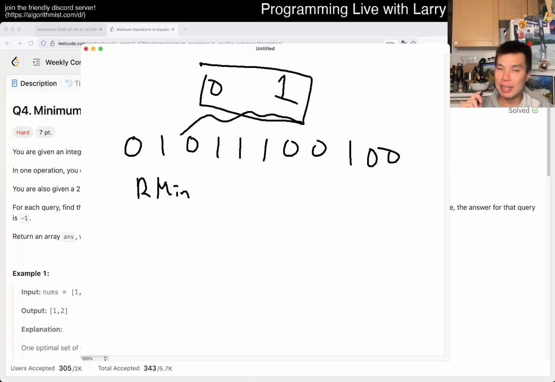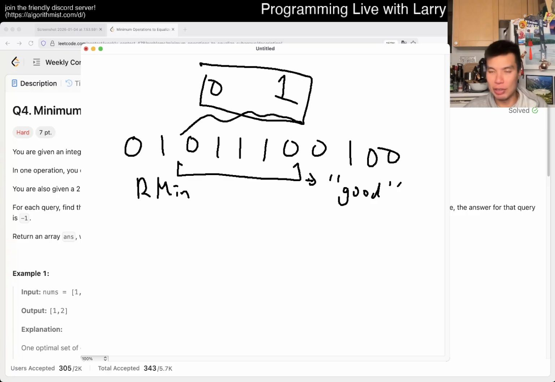I use RMQ, range minimum query and range max query, because that's basically what you do with these queries. So that's how I figure out whether a range is, quote unquote, good to solve. Now we filter out the queries that are bad to solve.